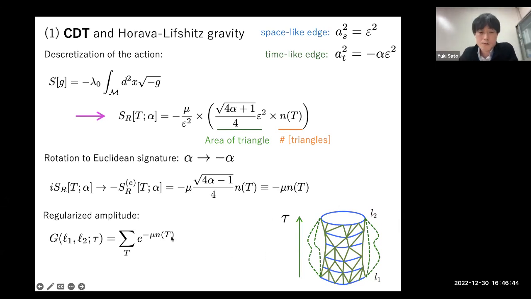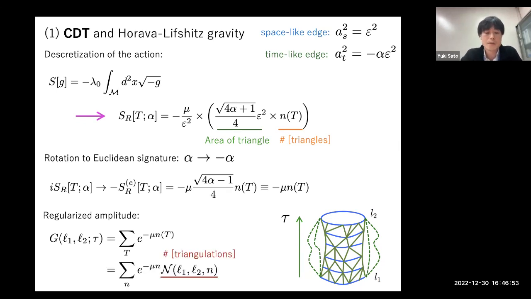In 2 dimensions, you can compute this amplitude analytically. To do that, we usually replace the sum over the triangulations by the sum over the number of the triangles, where n is the number of the triangles. If you replace like this, you will get this entropy factor.